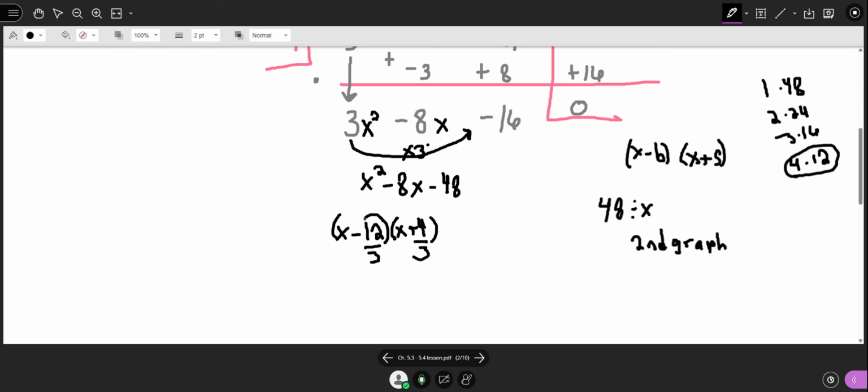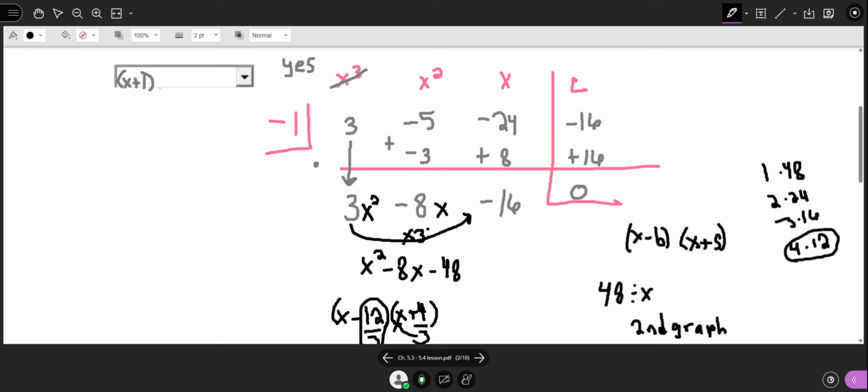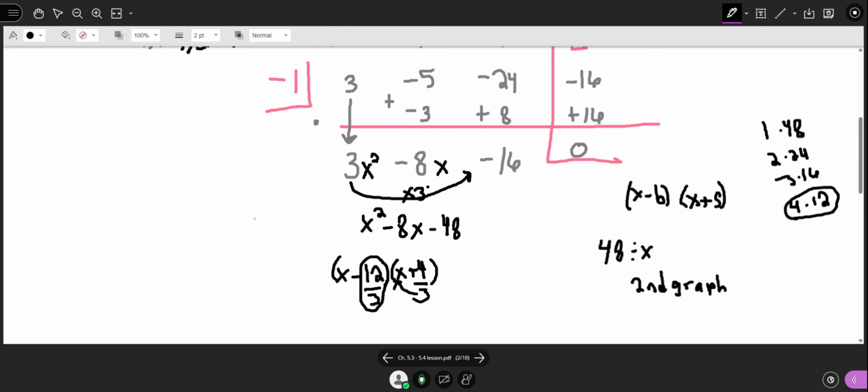Now this one will clean up, this one will not. So that has to come into the front. So 12 divided by 3 leaves 4. So x minus 4, and then 3x plus 4. This 3 comes out front, 3x, and that leaves plus 4 here.